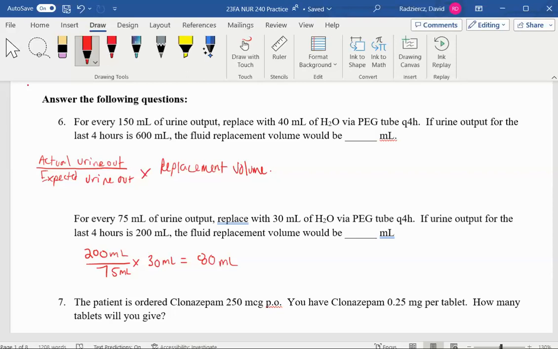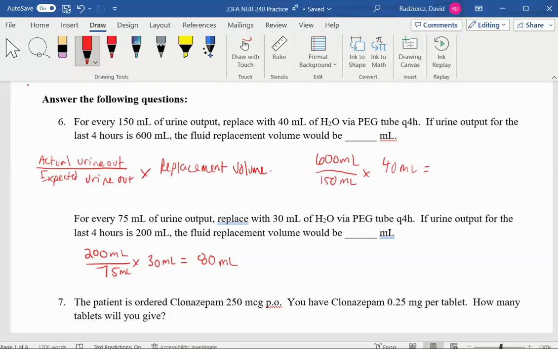I take my actual output over my expected output and then multiply by my replacement volume. If I set it up that way every single time, I'm going to get the right answer every single time.